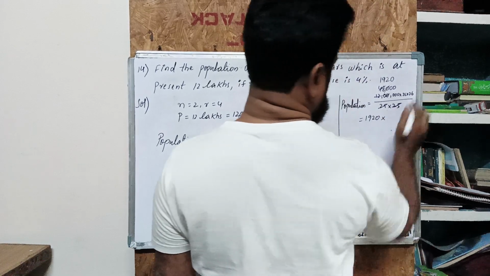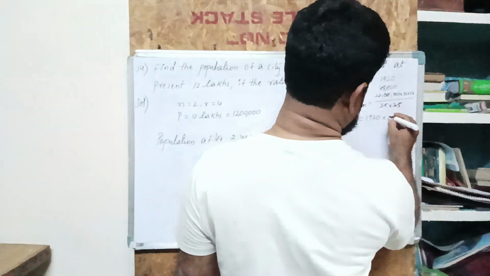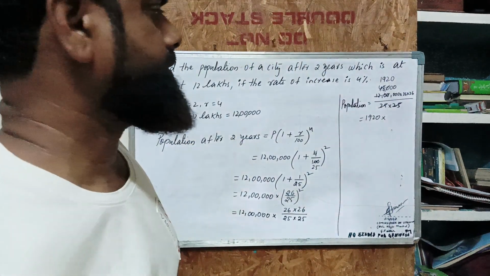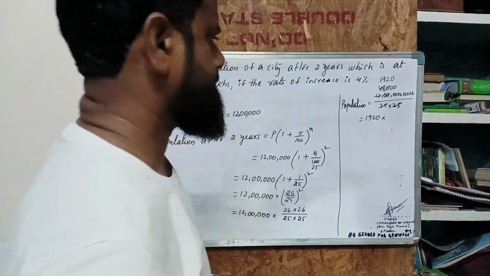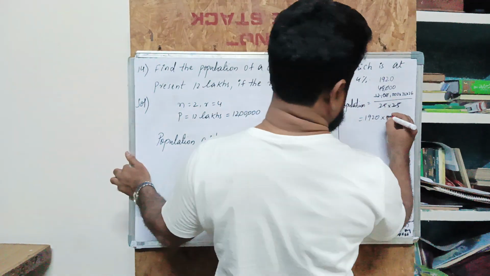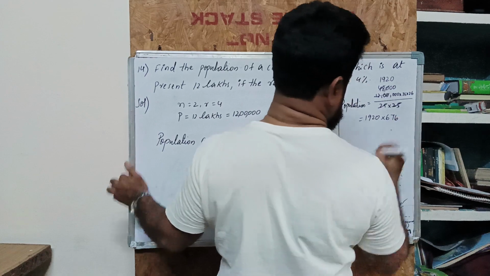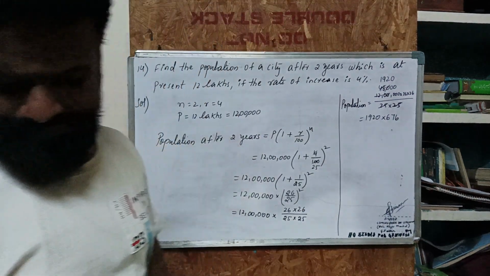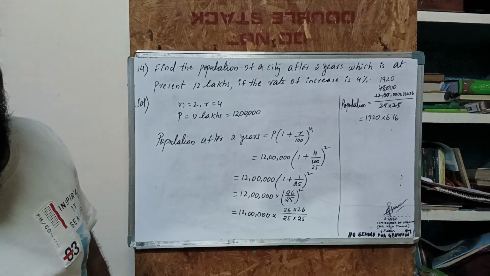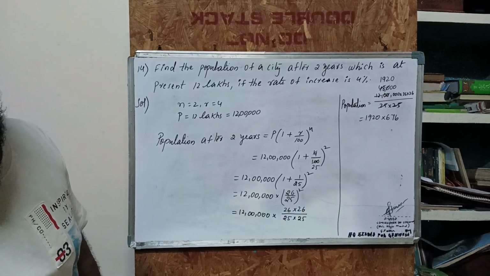1920 into 26 into 26 is 676, right? Now what I suggest, multiply this 1920 and this one.